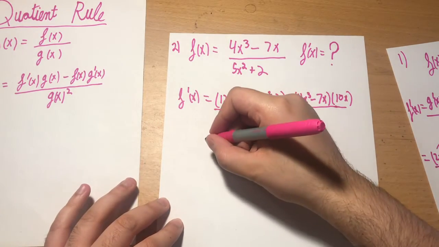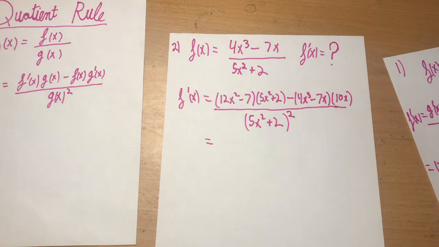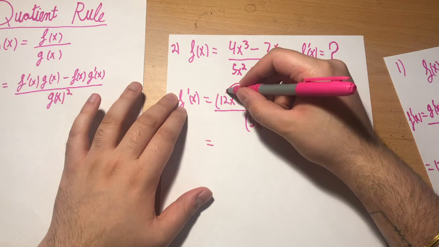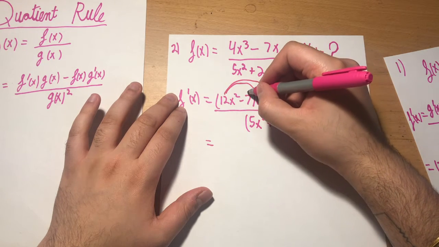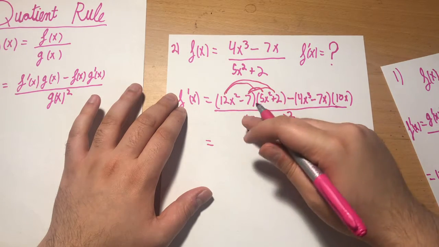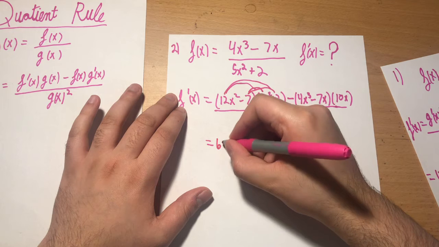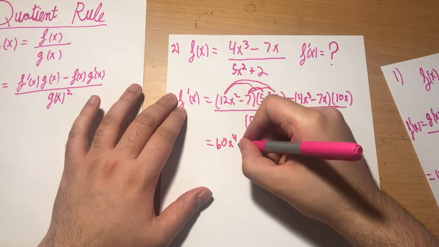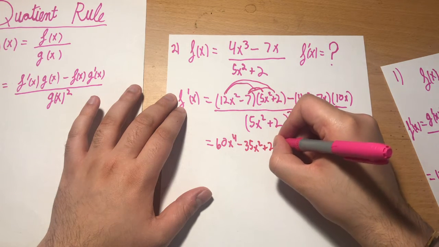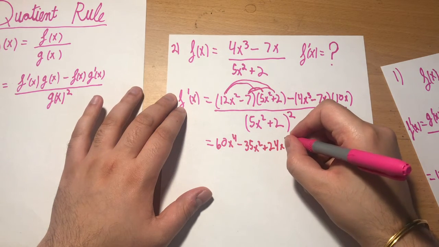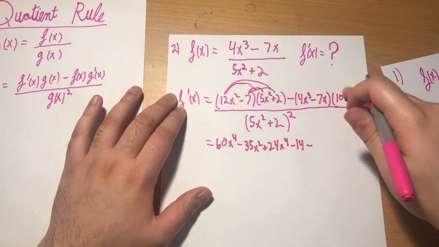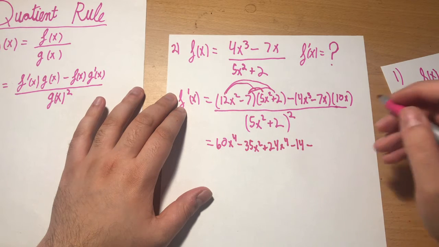Okay. So next, we actually start doing the multiplication. So in the numerator, we simply distribute this. And again, you should be familiar with multiplying binomials at this point. And what we're going to end up with is 60x to the fourth minus 35x to the second plus 24x to the fourth minus 14 minus, and then multiplying this out, you're just really distributing the 10x, right?